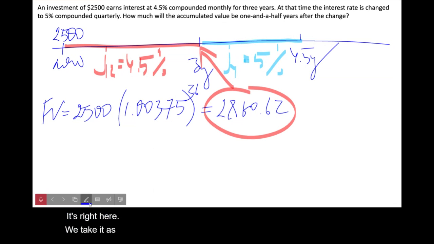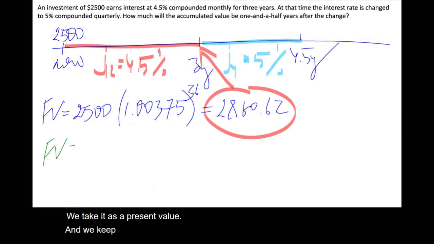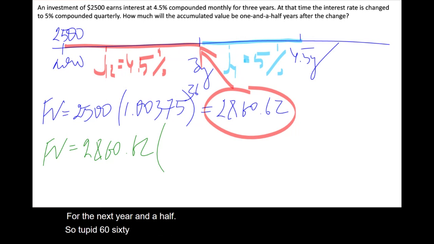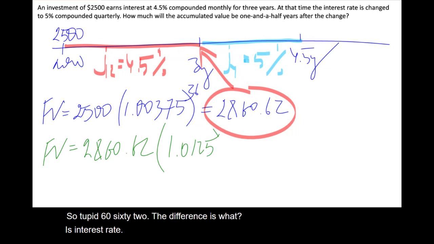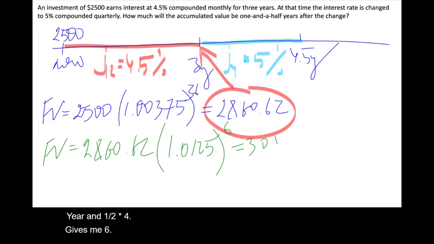Now we take it as a present value, and we keep going for the next year and a half. So 2,860.62. The difference is the interest rate. Year and a half times 4 gives me 6 periods. So $3,081.98.